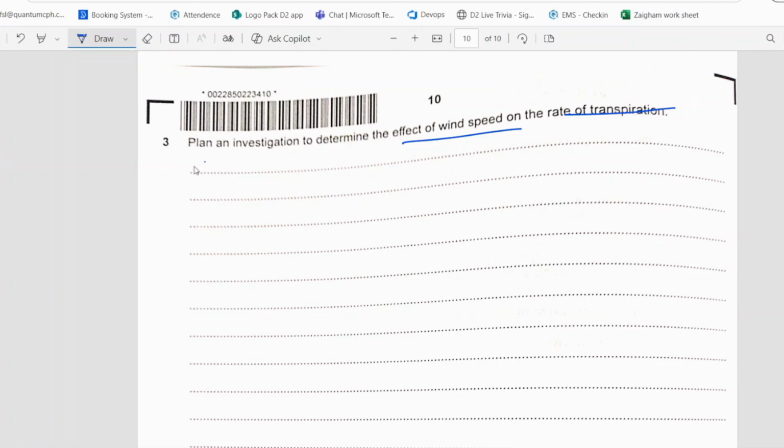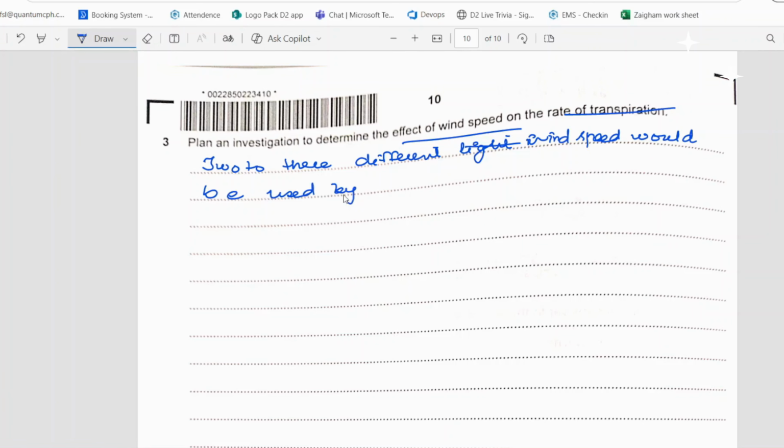Let's say 2 to 3 different wind speeds would be used by placing a fan at a different distance from the potometer.